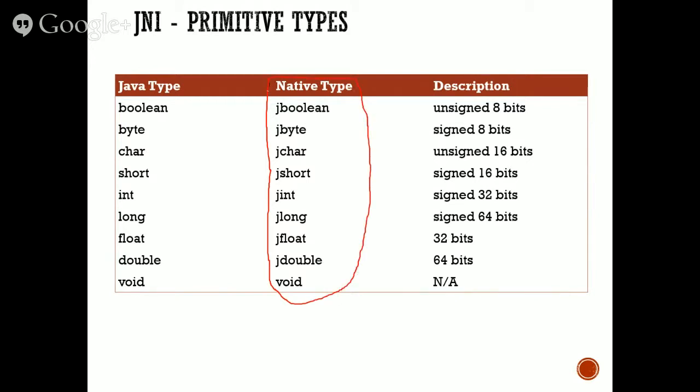This is because the sizes of the primitive types are different in Java as well as the native. So for the Java int, you have to use jint to ensure that you are creating a 32-bit signed variable.